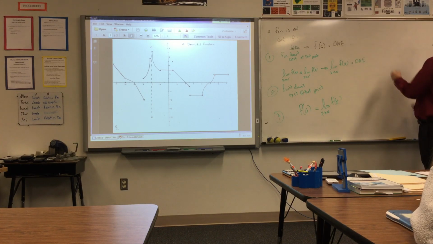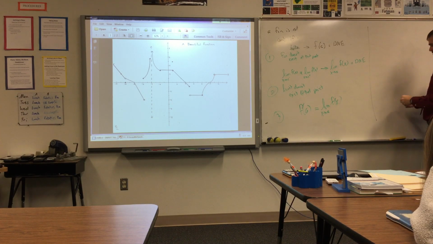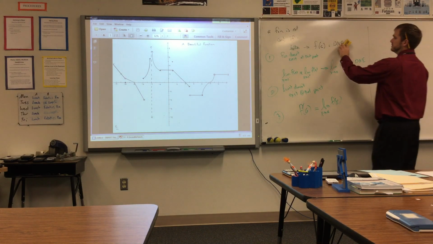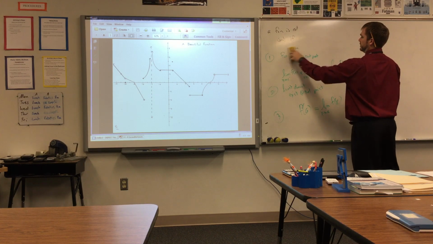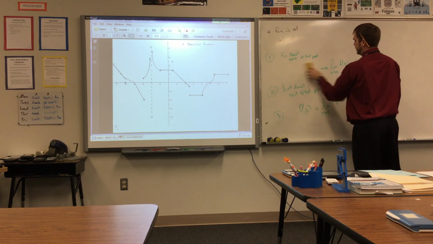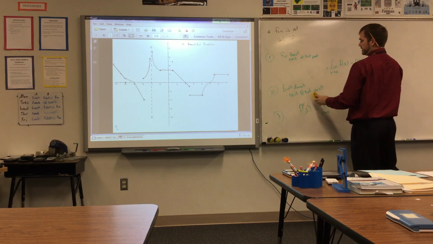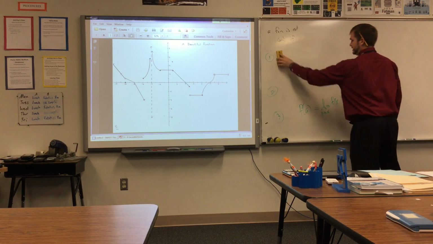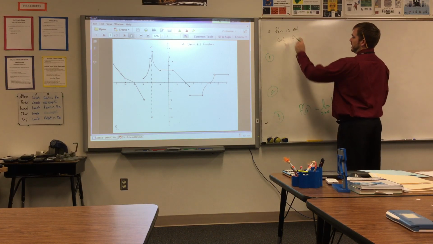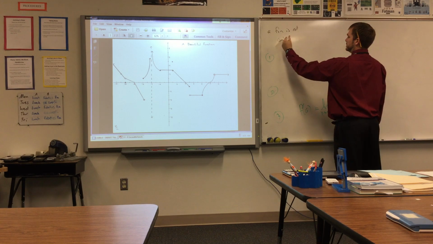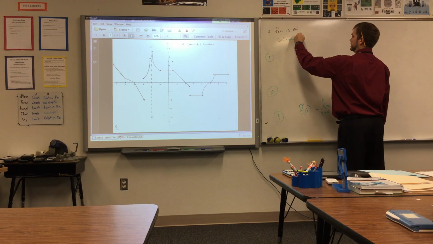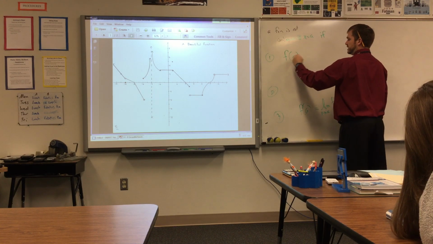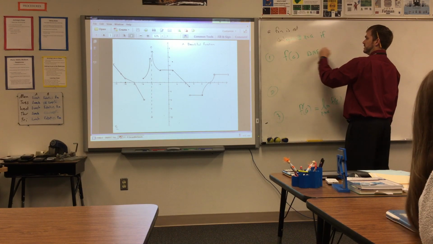Okay? Now, if I were to scale it down, I wouldn't bother writing that the limit doesn't exist at that point. This is how I read it.